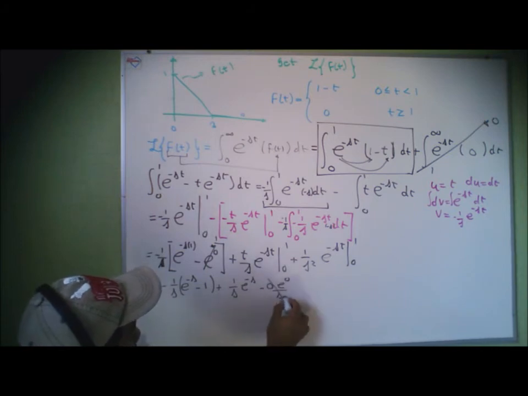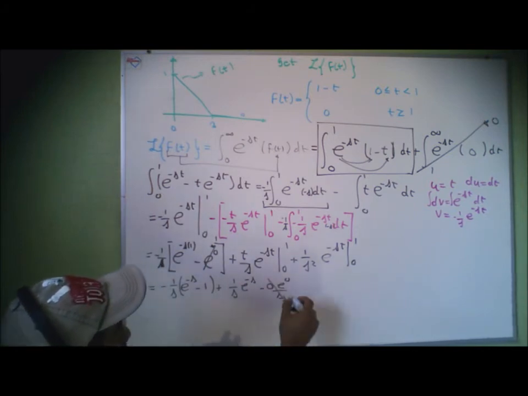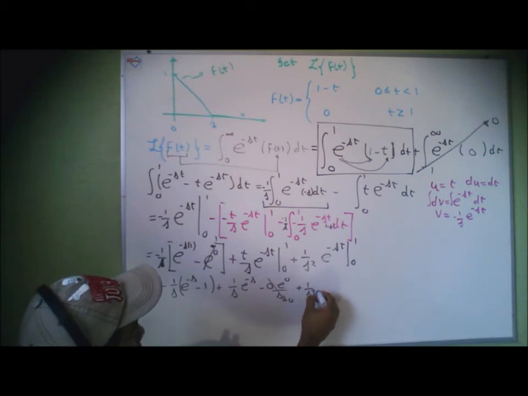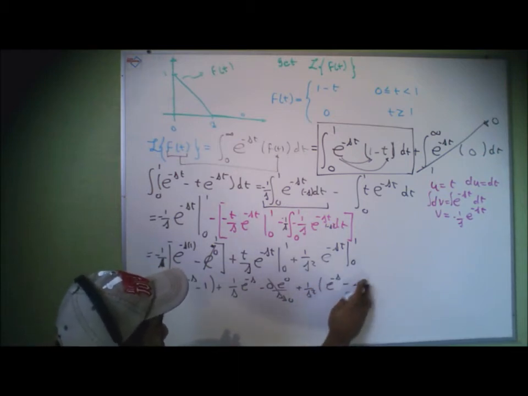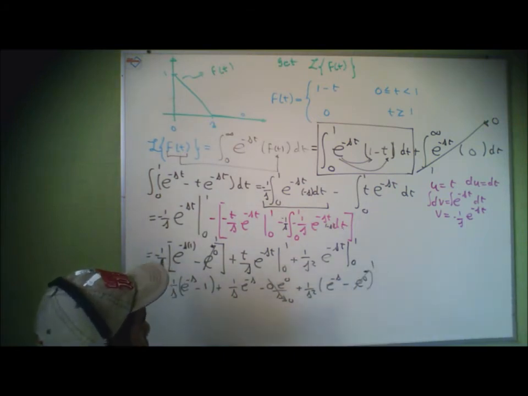Now this clearly goes to 0, and then plus 1 over s squared times e to the minus s minus e to the 0, which is clearly 1.